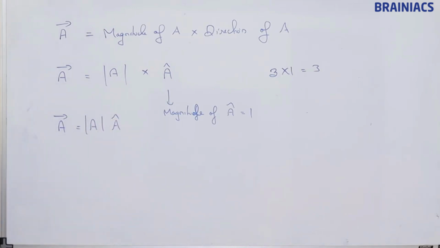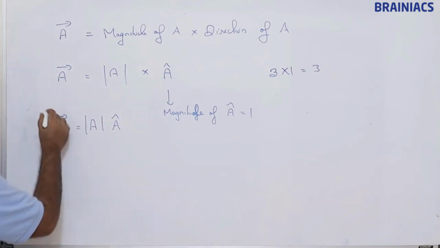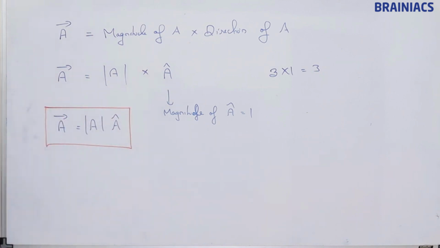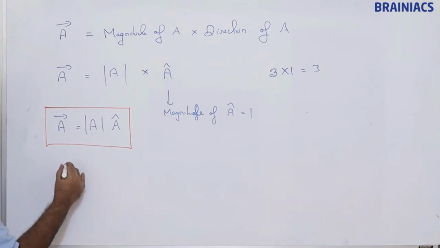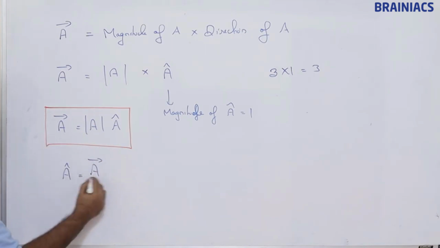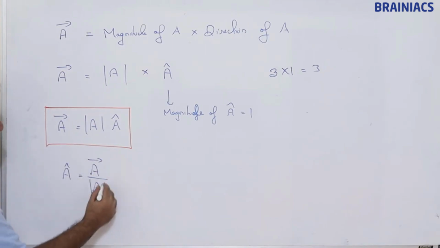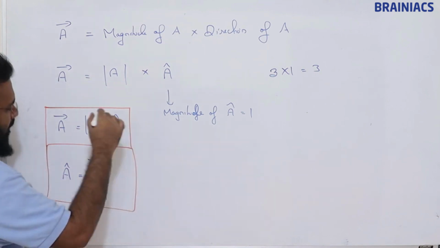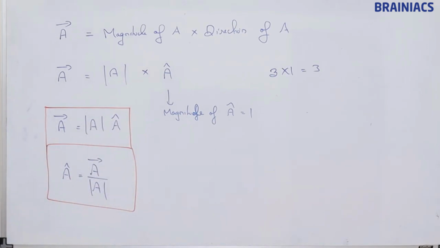This is what a vector is: its magnitude into its direction. So what is the formula of the unit vector then? It is vector A divided by the magnitude of vector A. Clear? This is how that formula comes.